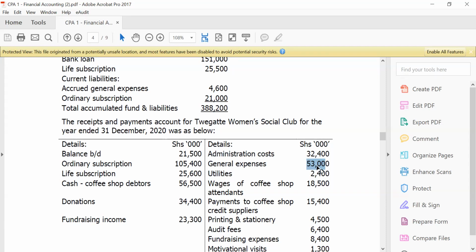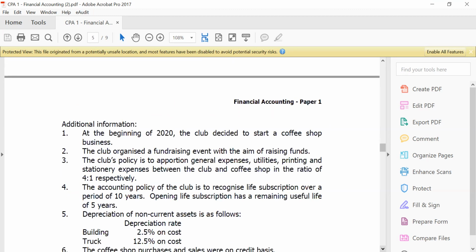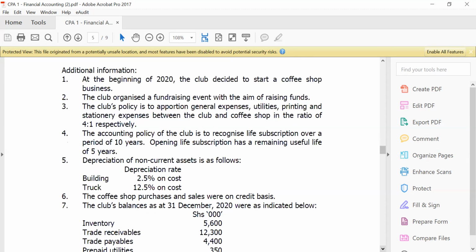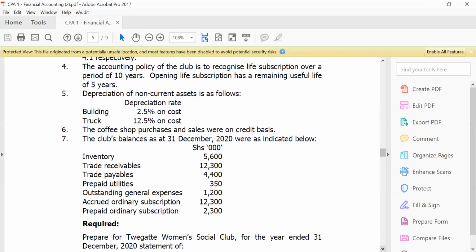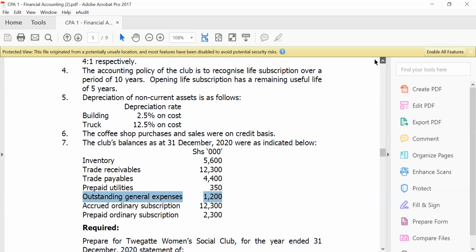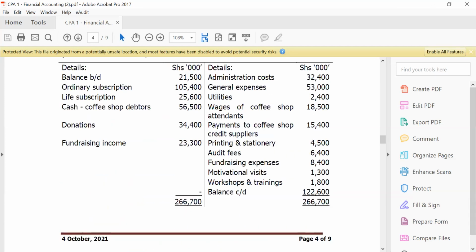So after you have your 53,000 right there, you come down and ask yourself, do I have anything that remained outstanding, even if I went ahead to pay? You come here and they tell you that 1,200 was not paid.